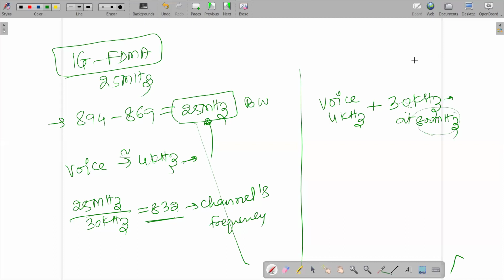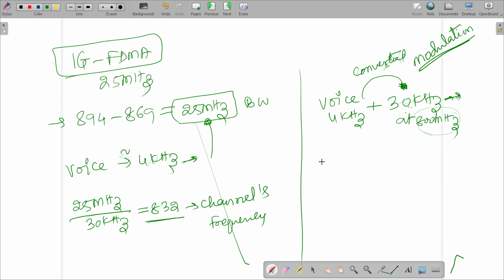So simply, if you heard the word modulation, this is what modulation is: your low frequency signal will be converted into a high frequency signal to transmit longer distance. Okay.